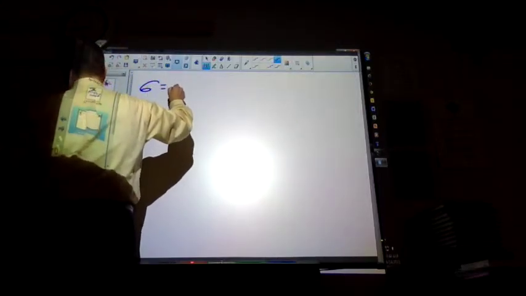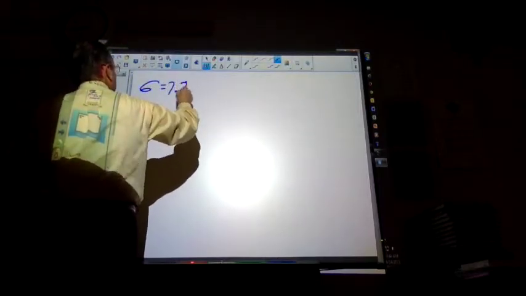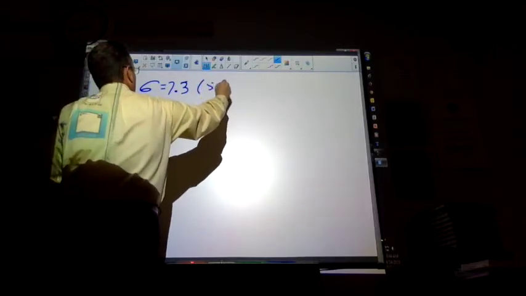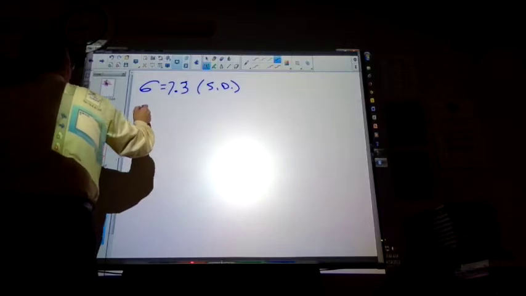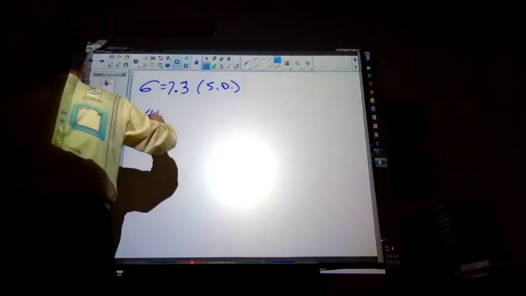It is known that the standard deviation is 7.3. So that's our standard deviation. The sample is 41 stocks.